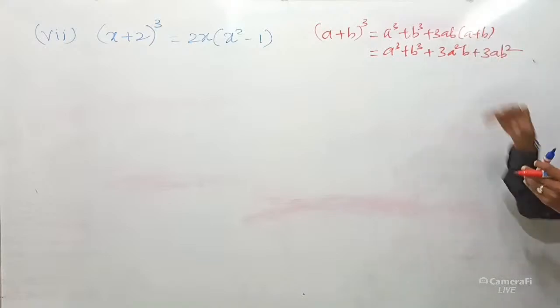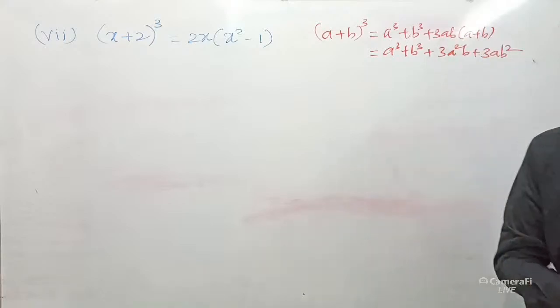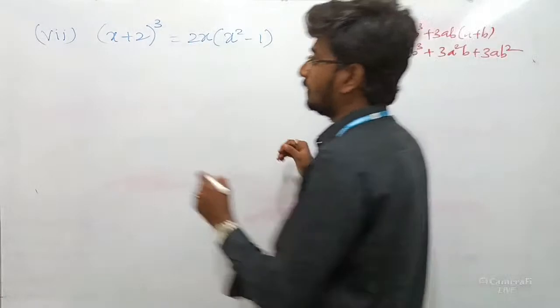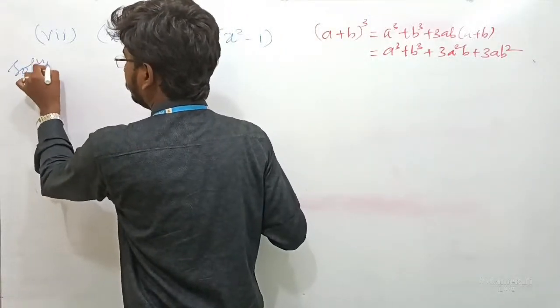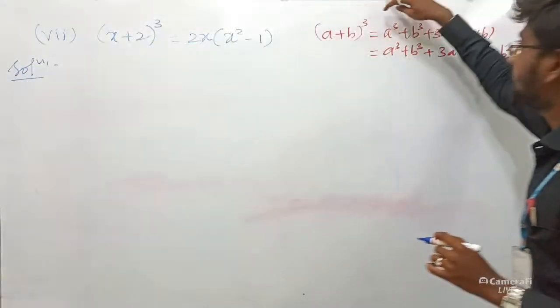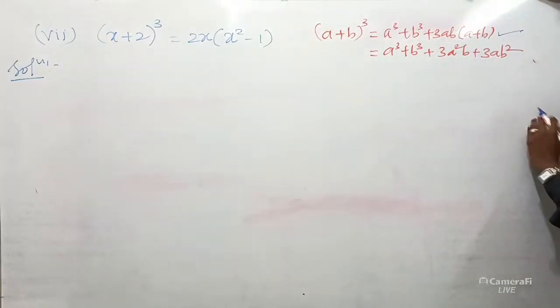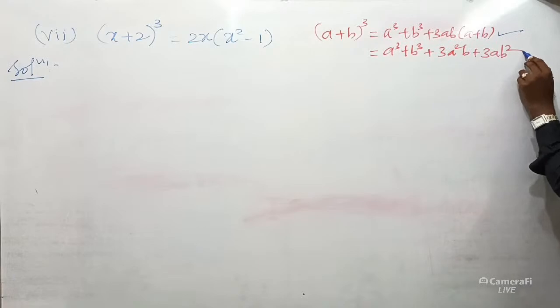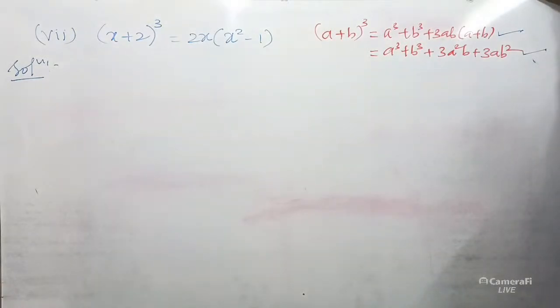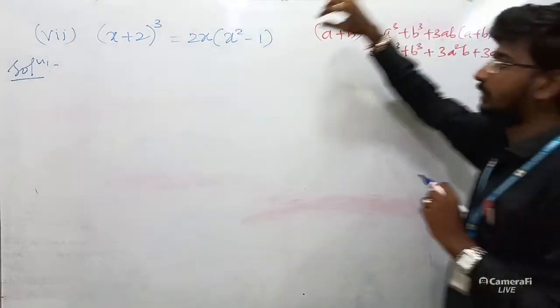Both are one and the same. You can apply any formula you like. Coming to the solution, I will apply this a plus b whole cube identity. Either you can apply this one and multiply the bracket term, or directly a cube plus b cube plus 3a square b plus 3ab square. Okay, so let us apply now.